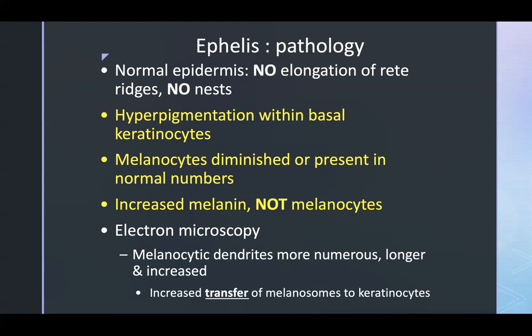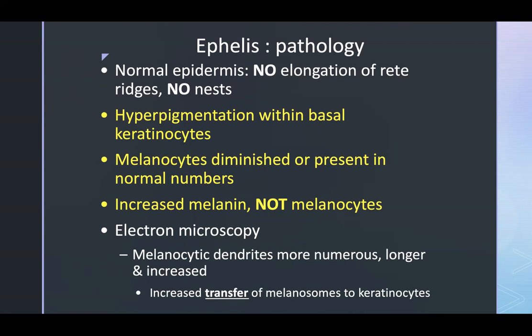Typically, ephelides are hyperpigmented, with basal keratinocytes that have a lot more pigmentation in the cytoplasm donated by the melanocytes, but the actual number of melanocytes is diminished or normal. So you have an increase in melanin, but not in the number of melanocytes. If you had an increase in the number of melanocytes, that would put you more in the lentigo category, or melanocytic hyperplasia, and we'll discuss that.